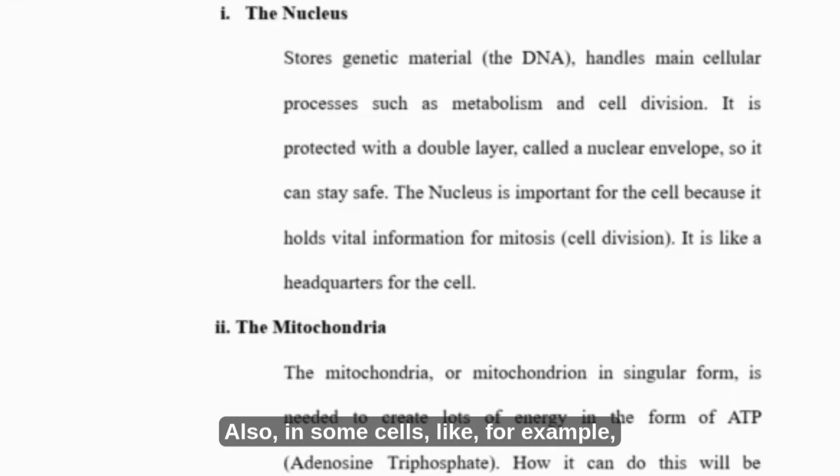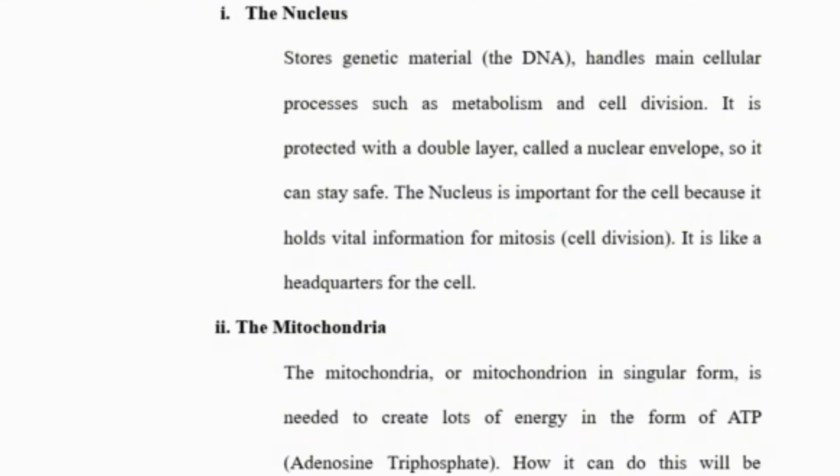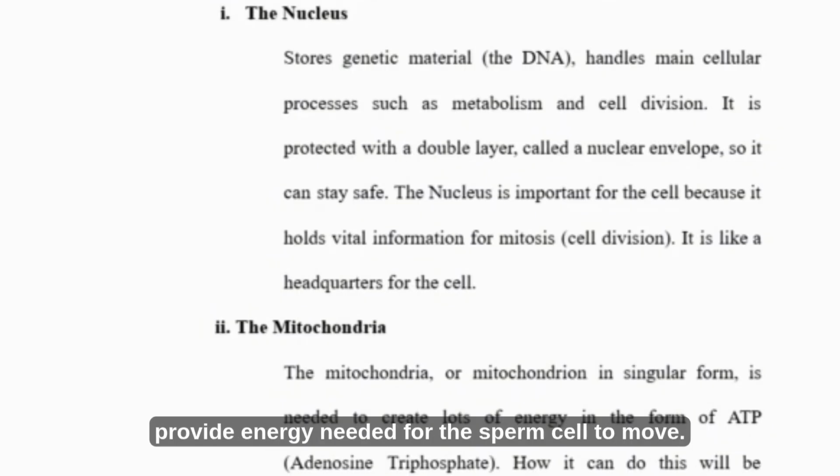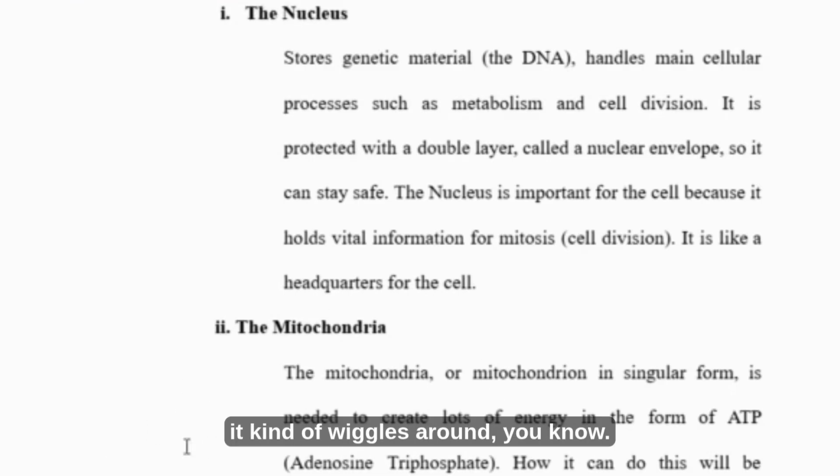Also, in some cells, like for example the sperm cells, mitochondria are concentrated in certain spaces of the cell. In sperm cells, the mitochondria are around the flagellum to provide energy needed for the sperm cell to move. Because, when you look at the sperm cell, it kind of wiggles around.